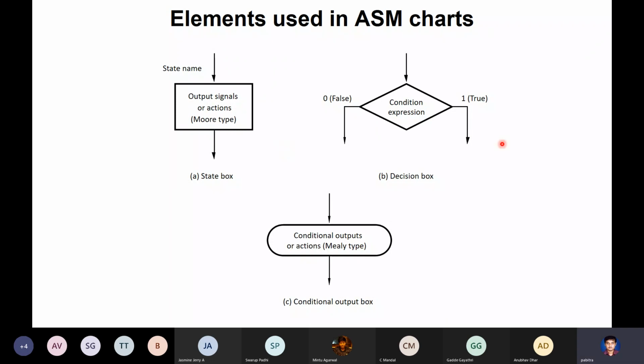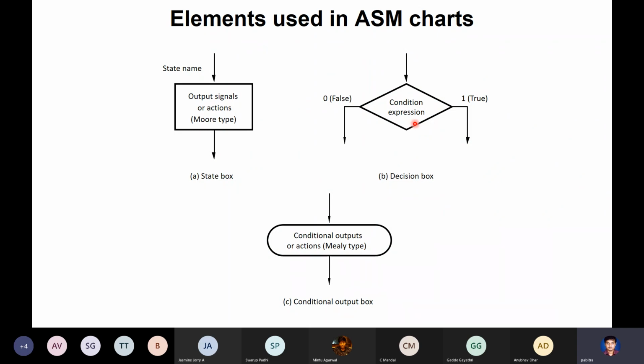Then you have decision boxes. What is done in the decision box is that you are coming from some state, and then it does a condition check, which is the value of a register, or value of a single bit, or value of an output, whatever.